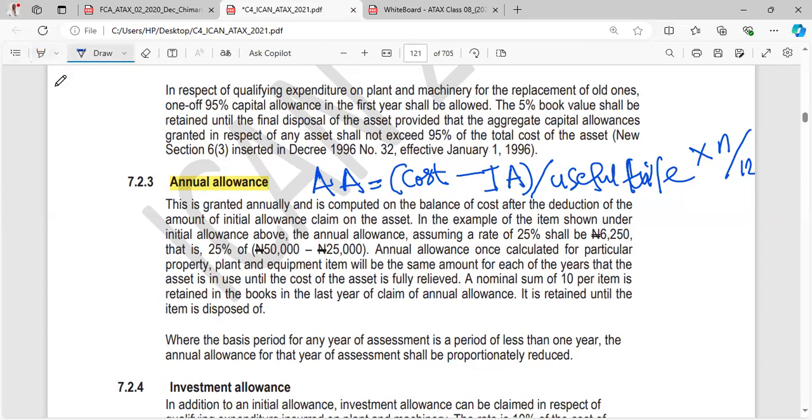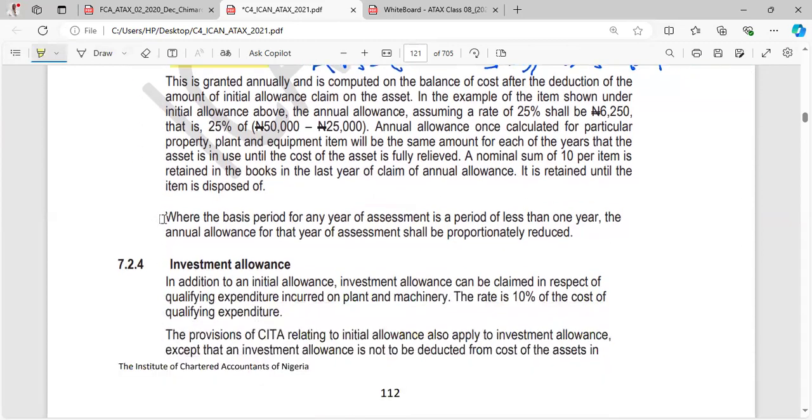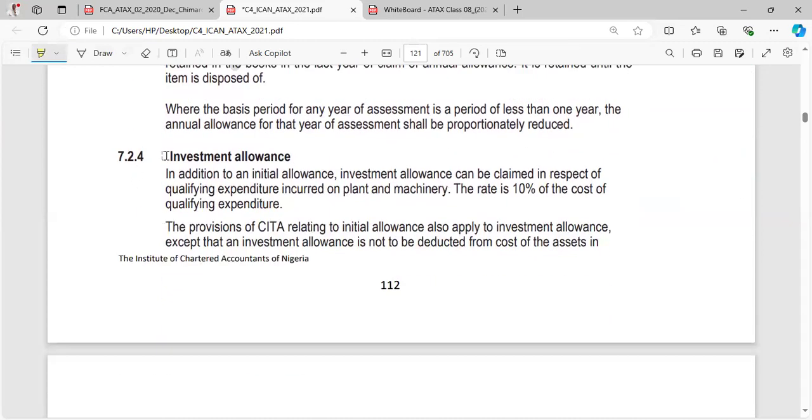We can call it either n, which is number, or we can say m. M will be months, number of months used in the basis period. We'll get to that.